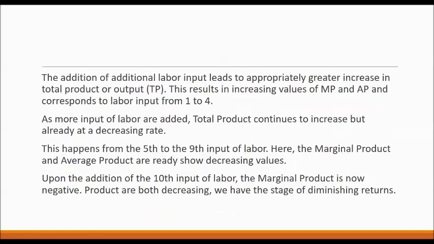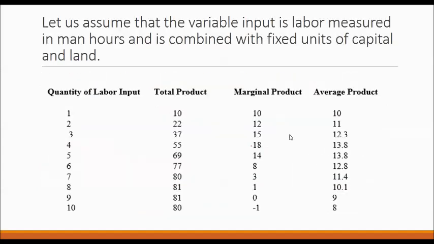So here, if we do a simple analysis, the workers may produce a number of quantity based on the variable and the fixed units that are available, which includes the capital and land. The man can produce, okay.